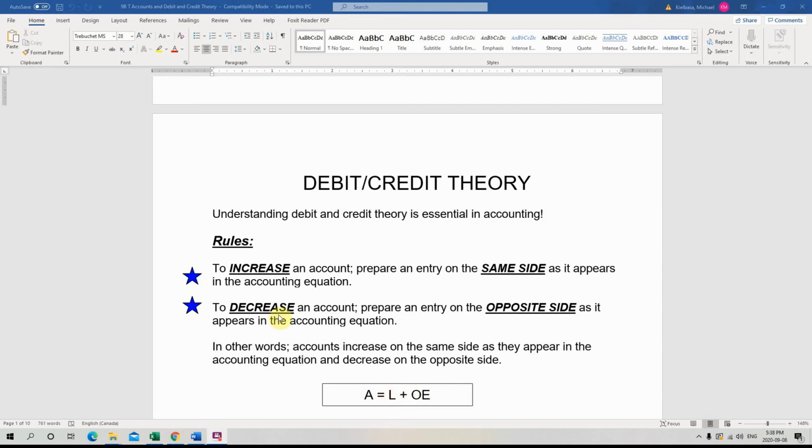Now, to decrease an account, you prepare an entry on the opposite side as it appears in the accounting equation. So to decrease an asset, you're going to credit. To decrease a liability, you're going to debit.